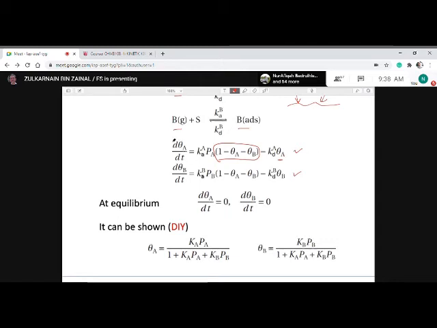For A, the rate of desorption depends on the amount adsorbed, and the adsorption depends on the space or site available. The same for B, only that for B you have theta B for the desorption.